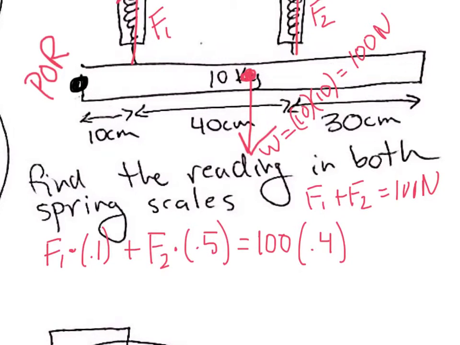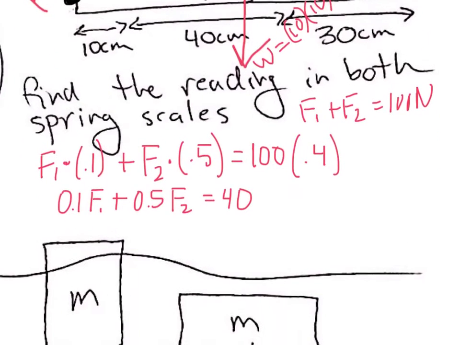Okay, so I'll just do a little simplifying and then see if we can do a little substituting. So we have 0.1 F1 plus 0.5 F2 equals 40. Okay. So given this formula and given this formula, we can substitute, no problemo.